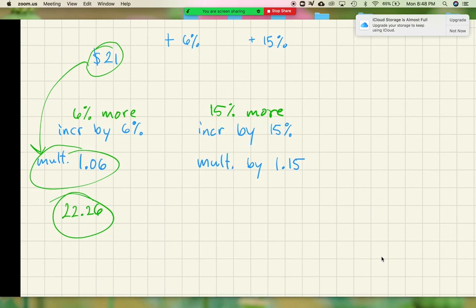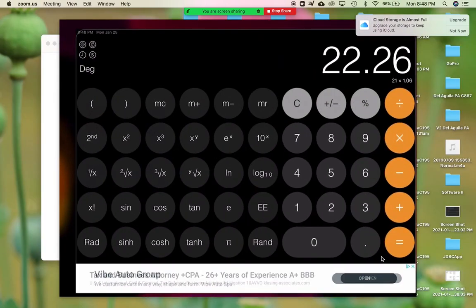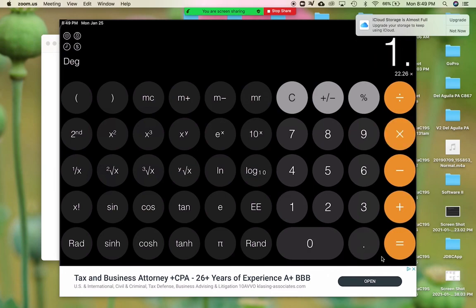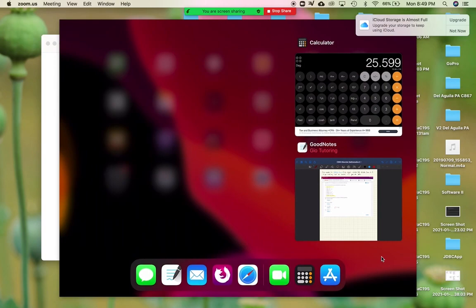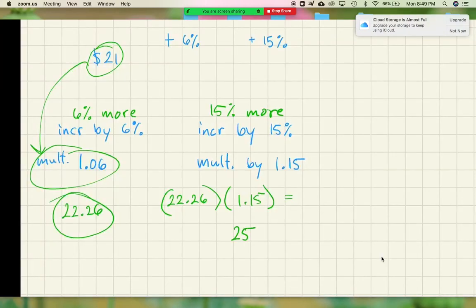So anytime you're trying to do 15% more or an increase by 15%, you multiply by 1.15. So 22.26 times 1.15 is 25.599. And if you round up, that'd be 25.60.